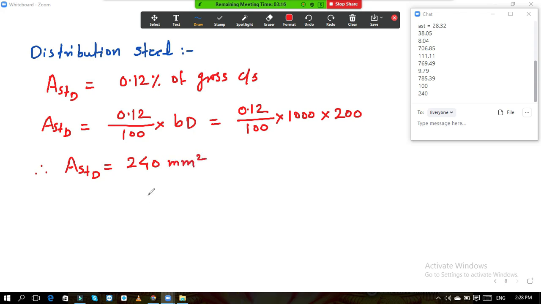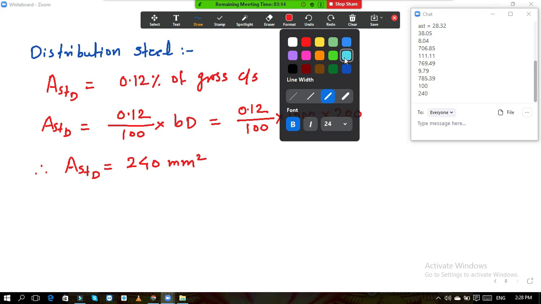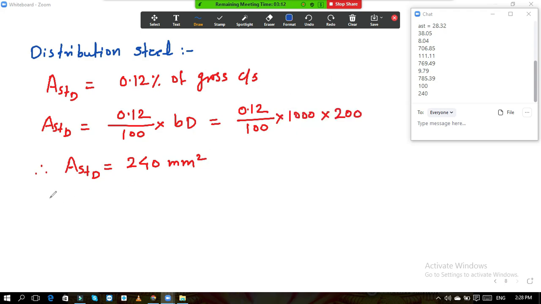So provide 8 mm diameter bars and calculate the number of bars. Here write: assume 8 mm diameter bars for distribution steel.